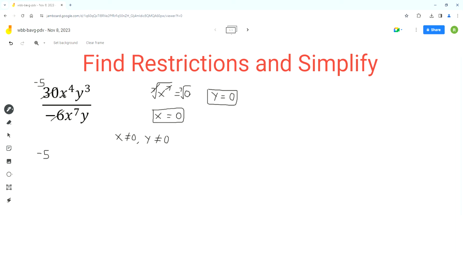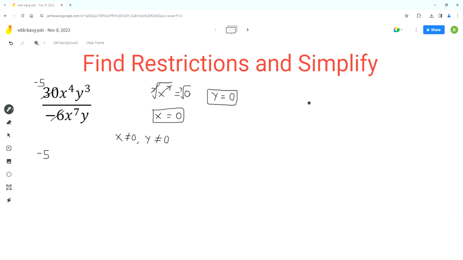Now we have to simplify the x terms. Both of these are exponential terms with the same base x. So we can use the quotient law of exponents, or the subtraction law of exponents, to combine these x terms. I'll write the law on the right side.